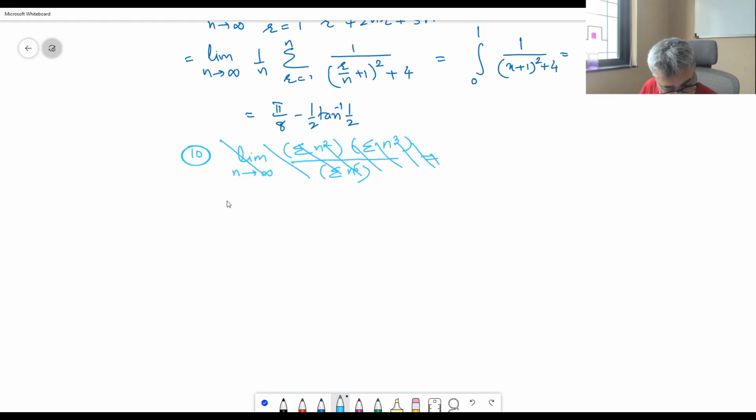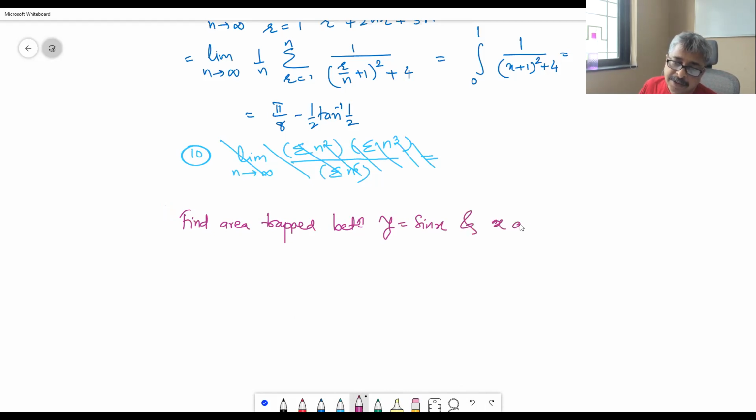So first problem, simple problem. Find the area entrapped between y is equal to sin x and the x-axis from 0 to 2 pi.